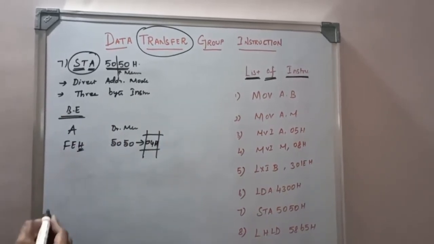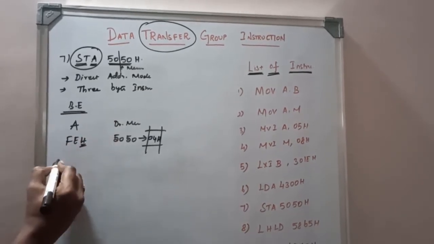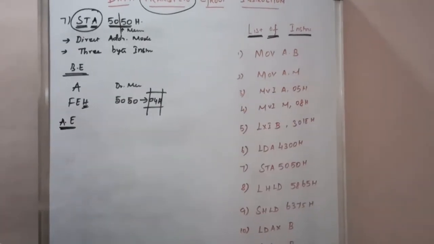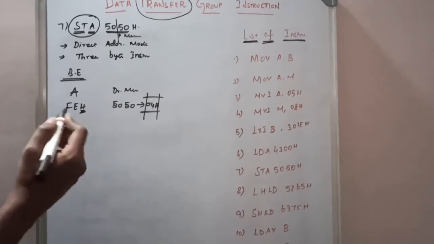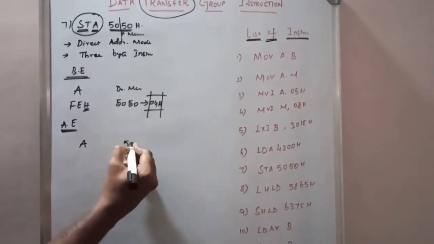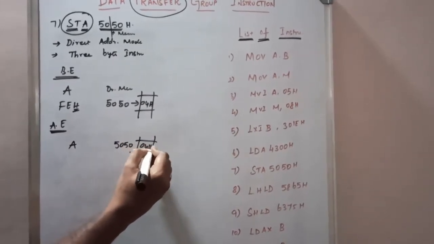So that is before execution, the values present in the memory location and the accumulator. Now moving on to after execution, what is present in the accumulator and memory location.